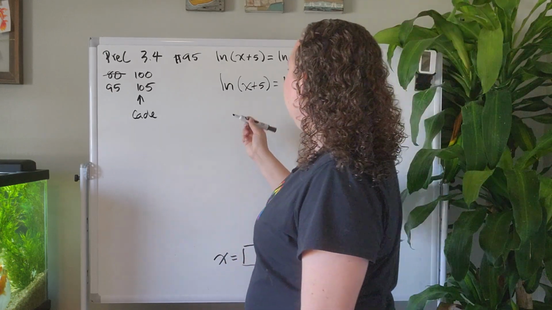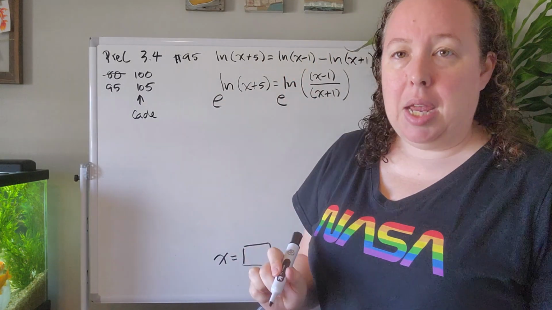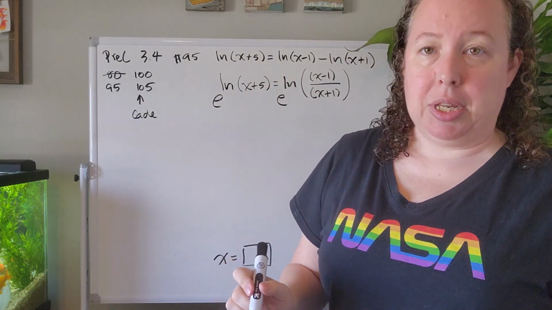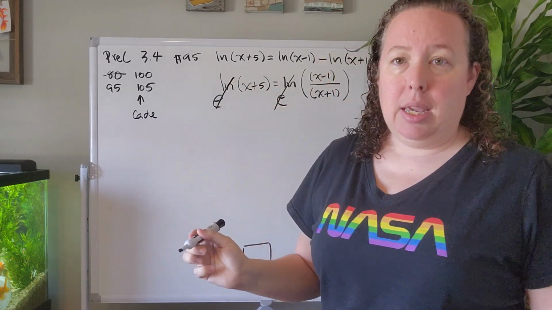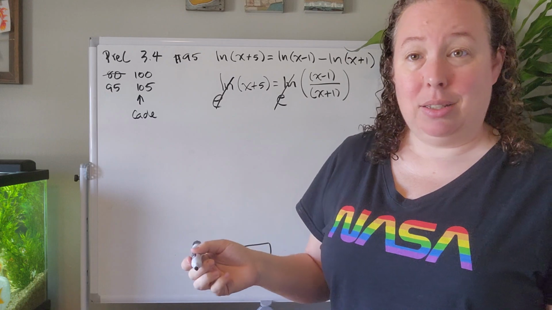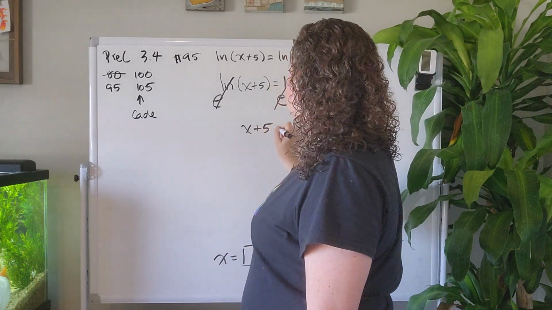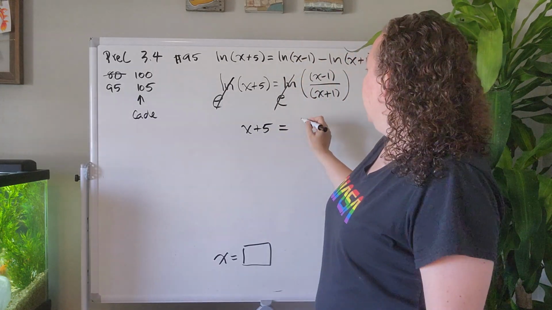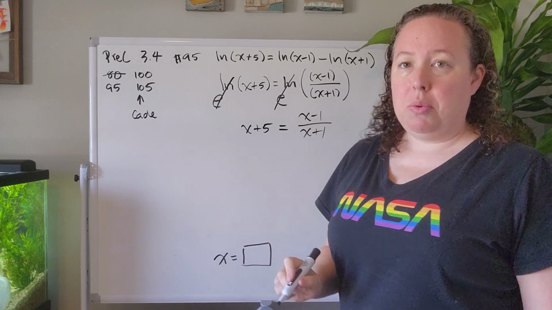Awesome. And so we can take base e to both sides. This is helpful. Base e and the natural base cancel each other out. And so we've got x plus 5 equals x minus 1 over x plus 1.